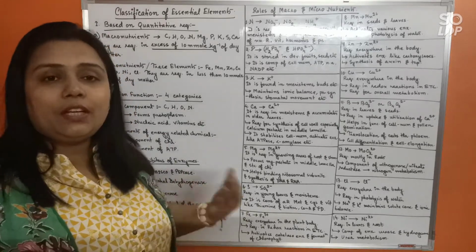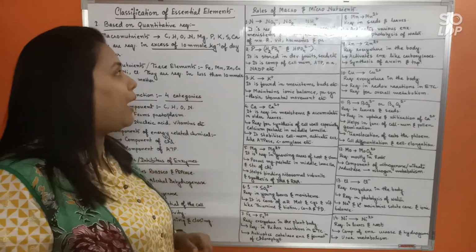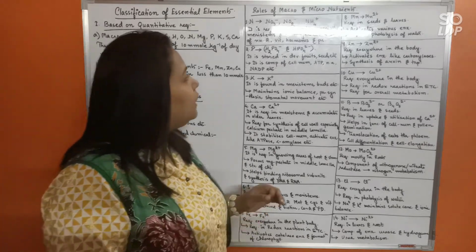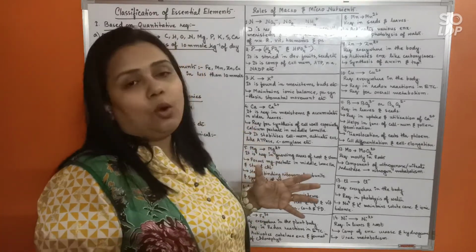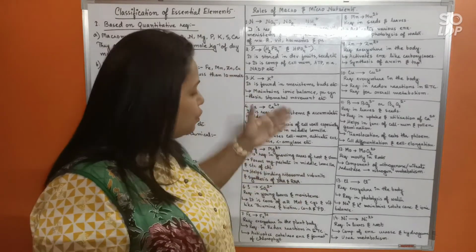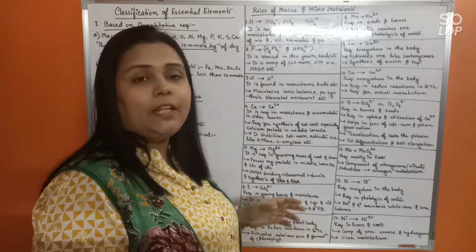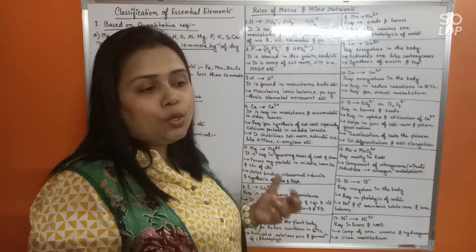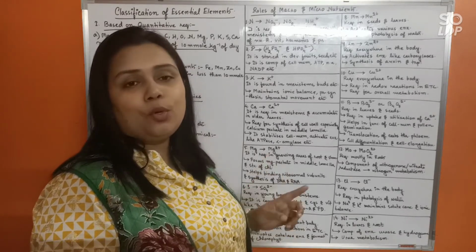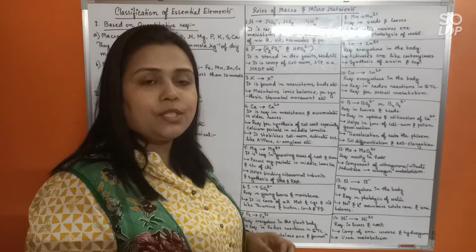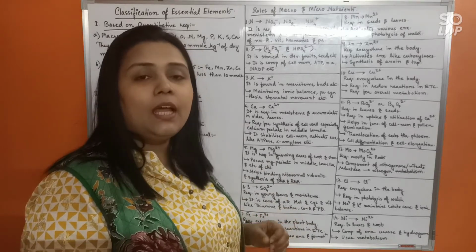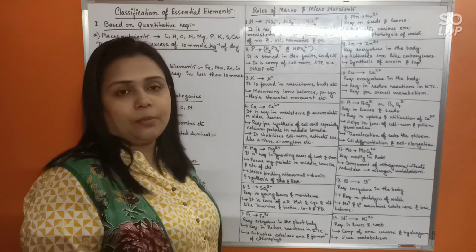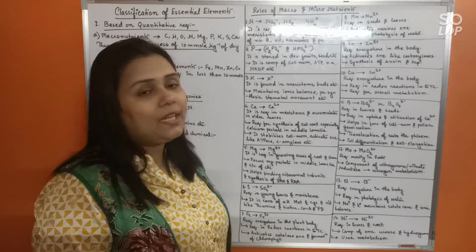Now we will discuss the roles of macro and micronutrients. Regarding all of these mineral elements, mainly those obtained from the soil, they are mostly absorbed by the plant roots in the ionic form, right? In the transport chapter, I told you that most of the mineral elements will be present in the soil in the ionic state.